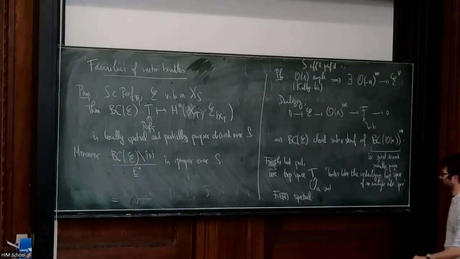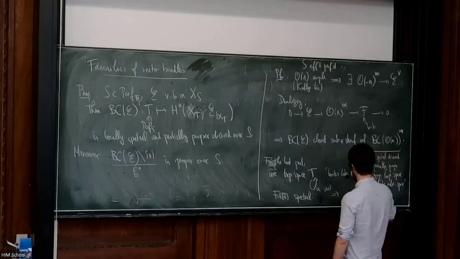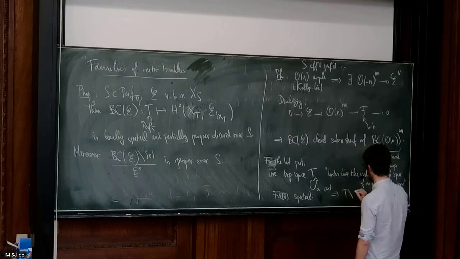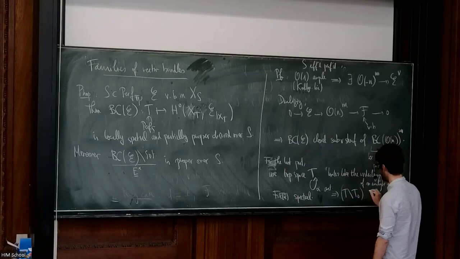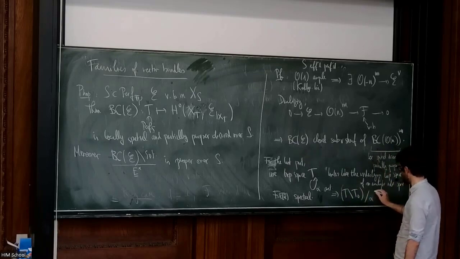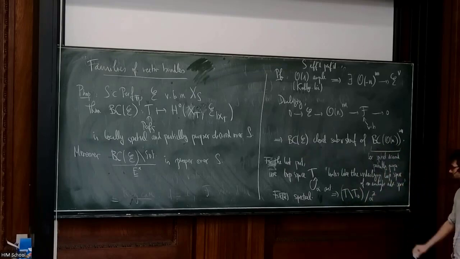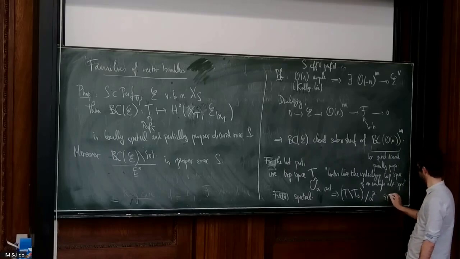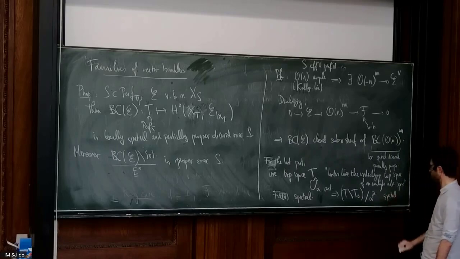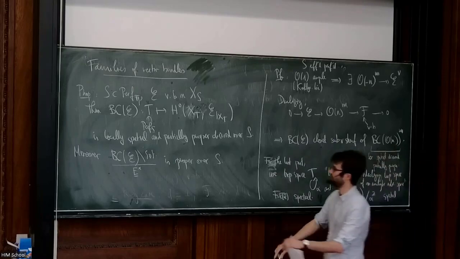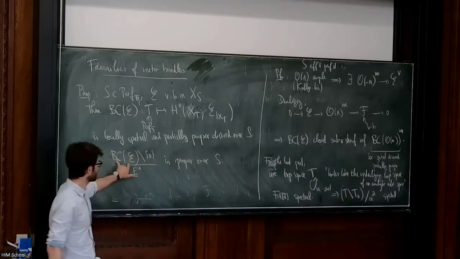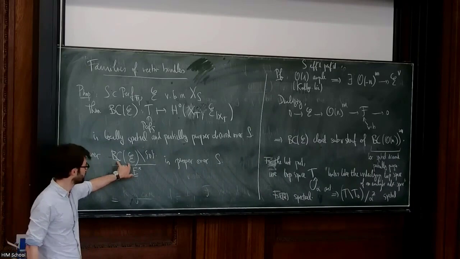And then the conclusion is that in this situation, when you remove this fixed point locus from T and you quotient by the action of powers of alpha, then this is spectral, so in particular quasi-compact. So here you apply this to T being the underlying topological space of this diamond, BCE.